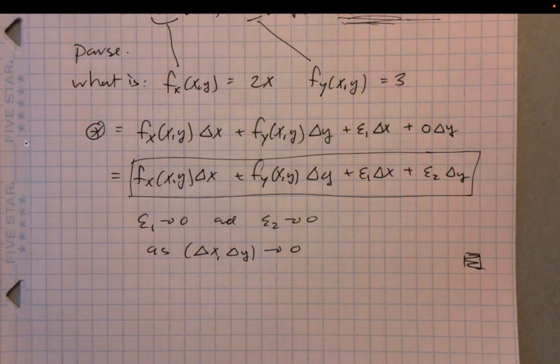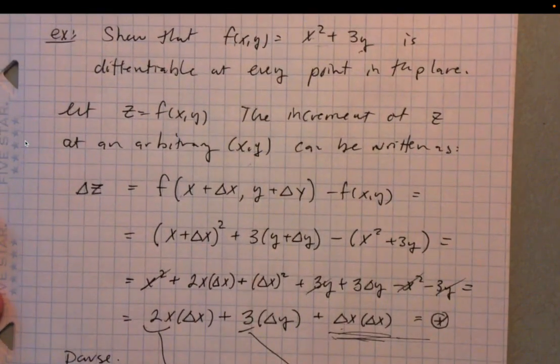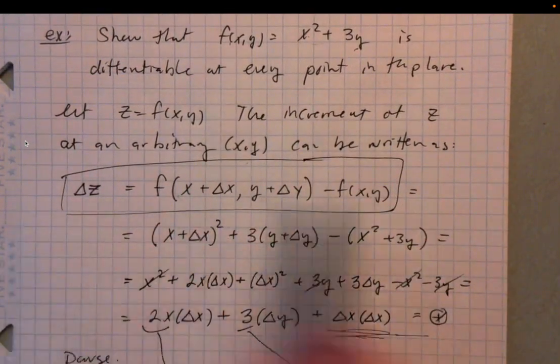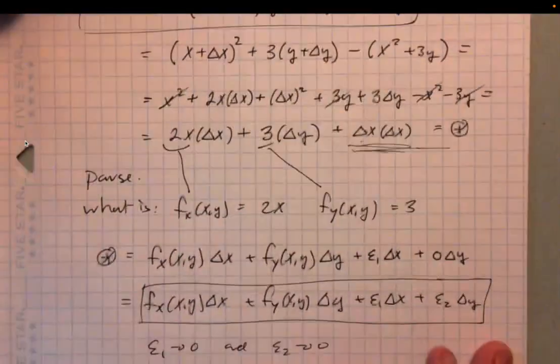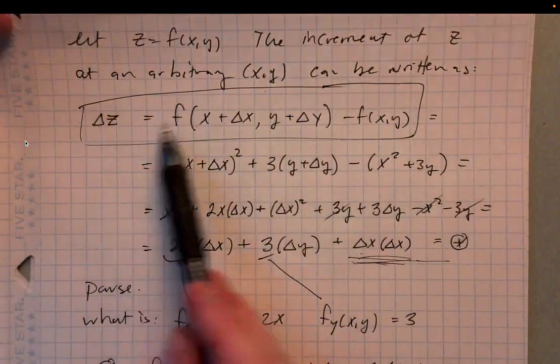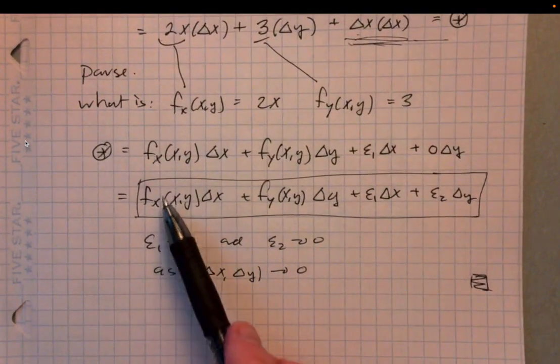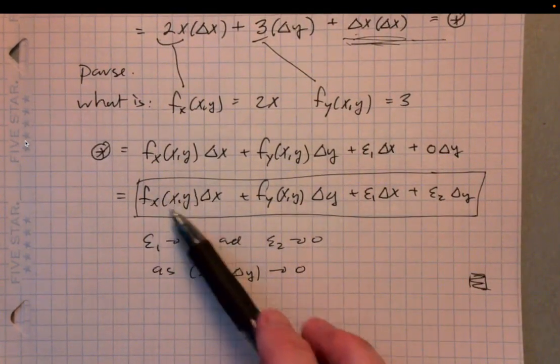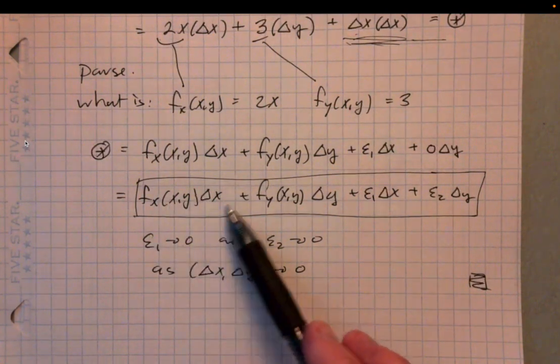So in the case of trying to show something like this, remember what this is, plug it all in, and recognize that that total increment better be equal to something of this form, right? So your partial derivative with respect to x is going to have to drop out and be times delta x.